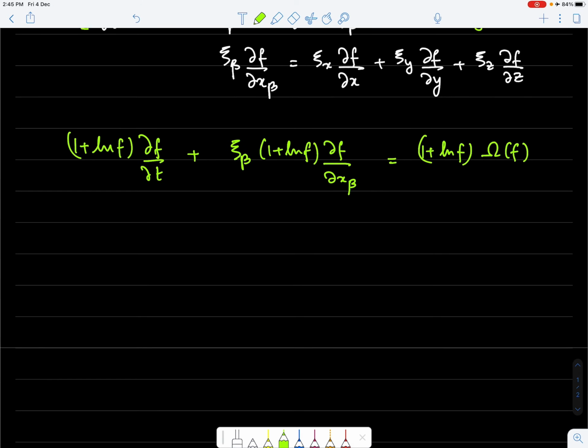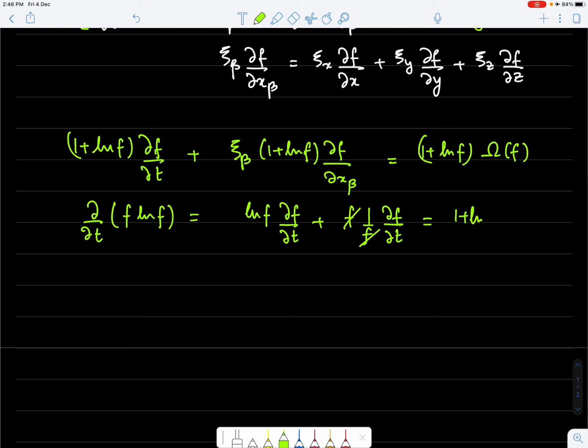Now it should become clear why I have multiplied by 1 plus log f. Note that d by dt of f log f would be log f into df dt plus f into 1 by f df dt, which becomes 1 plus log f df dt.